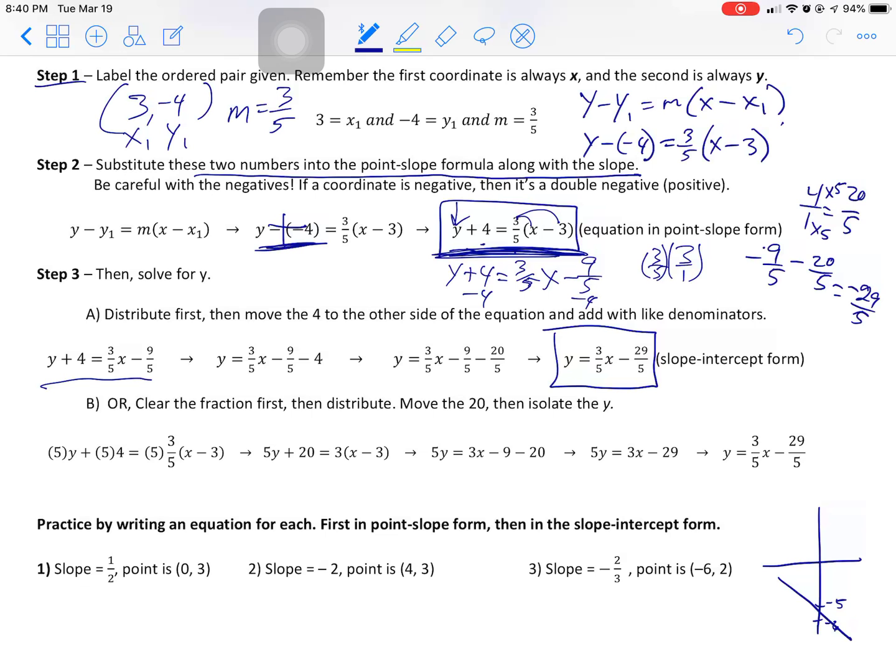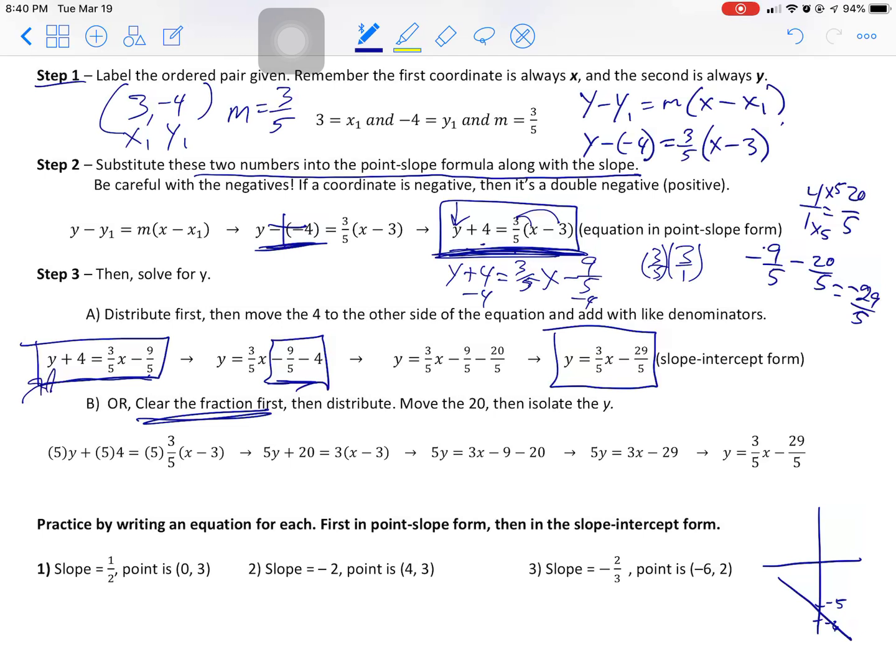So the way we were solving this on the warm-up is we were figuring out how to add a whole number to a fraction. Another way to do that after you get here is to go ahead and clear the fraction first if you want to. All right, so the LCD for this one here is a 5.